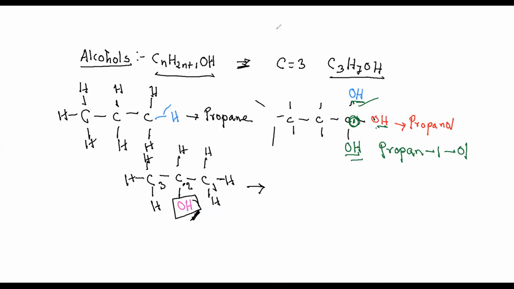If we number from this end, it's 1, 2, 3. It does not matter which end you number from, because in both cases this is the second carbon. So the name will be propan-2-ol.